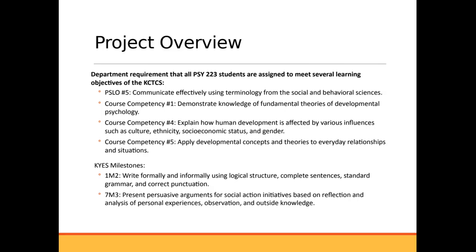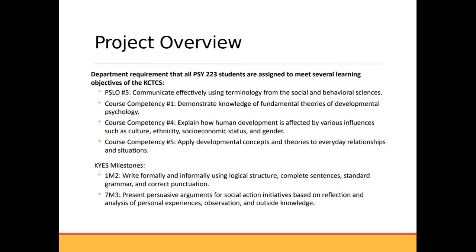All right, so let's look at the big picture of this project. This final project is a department requirement. So I'm required to give this to you and have you complete this paper. All Psych 223 students will be assigned this project in all of BCTC. And the purpose is to meet several learning objectives that KCTCS has.